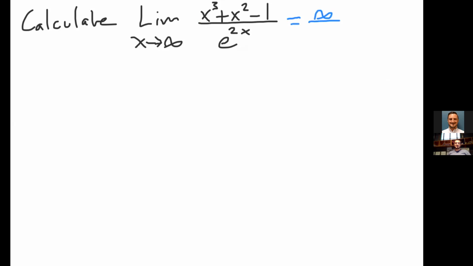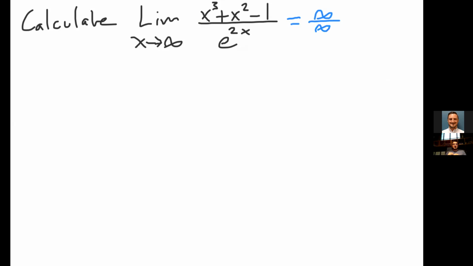I also know from my exponential functions, stuff like e to the 2x, that as x goes to infinity, we just see that exponential growth. It's going to keep going higher and higher at a very, very high rate as x increases. So e to the 2x is also going to infinity as x goes to infinity. So that means this limit is going to be infinity over infinity.